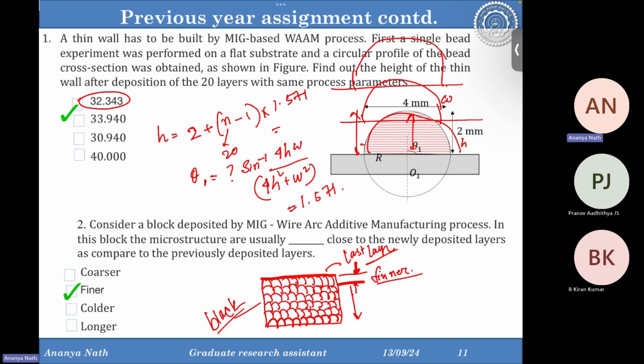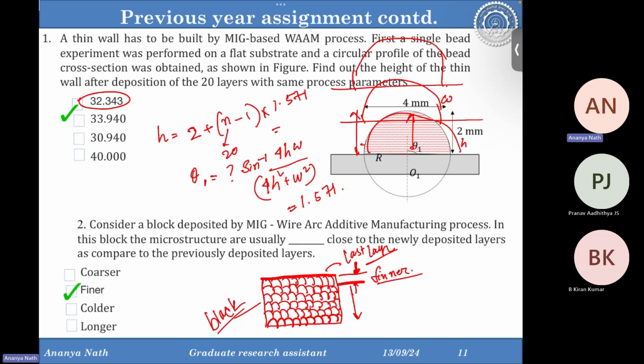As the cooling rate is very high, there is a chance for the microstructure to be very fine. If the microstructure is fine, it is good, because of the high cooling rate we get fine microstructure. Well and good. Then why are we saying that the microstructure near the last layer is finer, and in the previously deposited layer it is coarser? Not even coarser, they are mostly columnar.